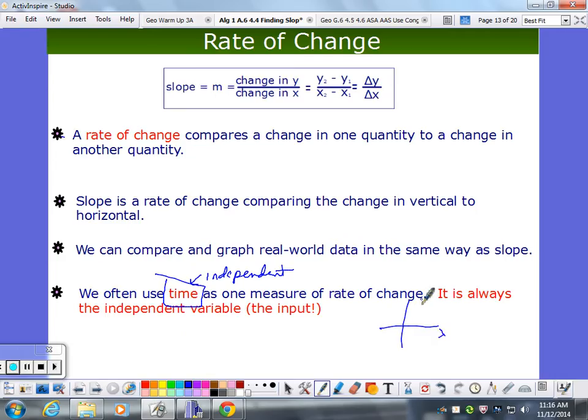On the x-axis or the y-axis? The independent is always the input, always here, and the dependent always here. So the x value is where time goes. If you see time, that's the x value.